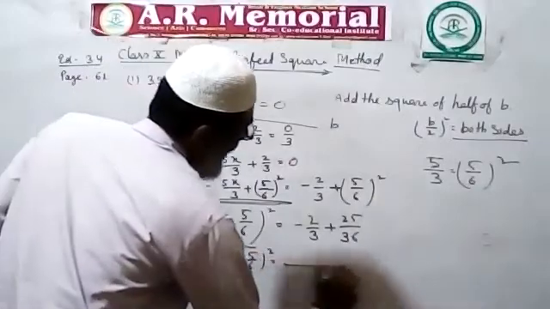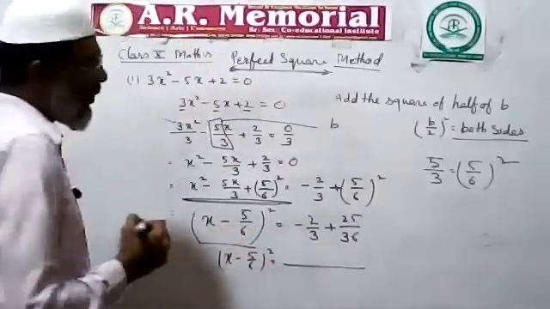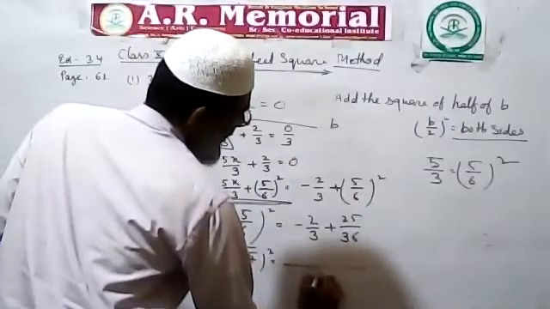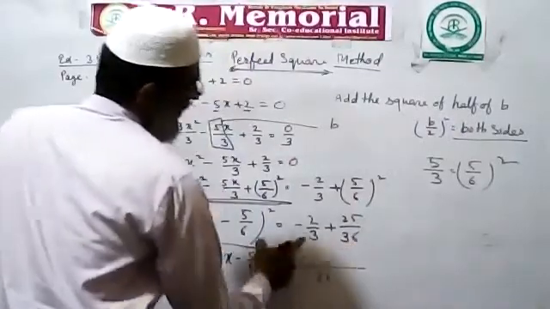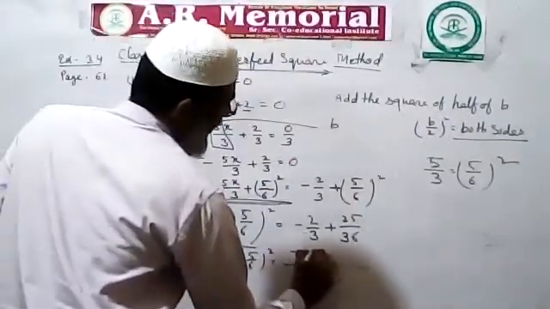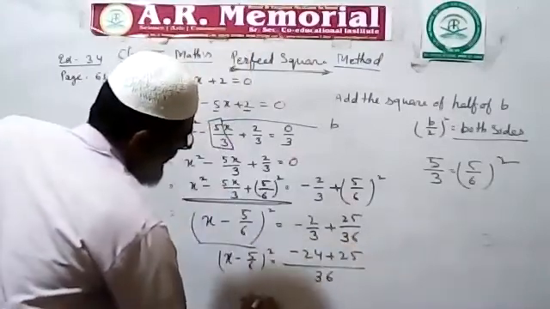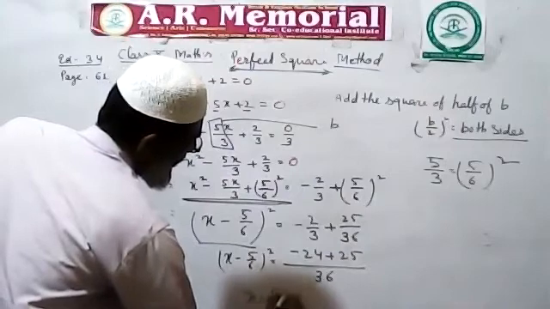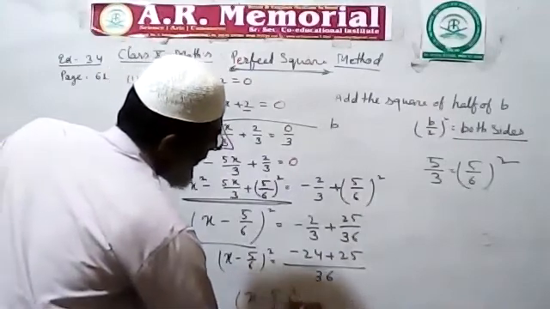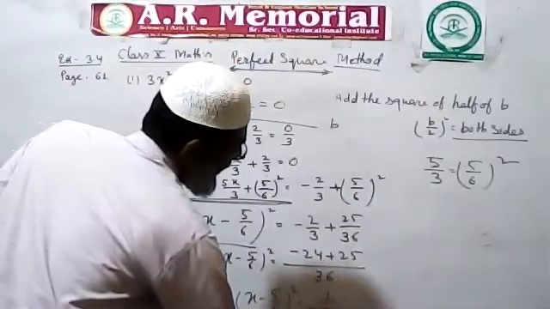Now, as per the rule of fractions, we solve it. Here addition: LCM is 36, divided by this gives minus 24, and here is 25. X minus 5 upon 6 whole square is equal to 1 upon 36.